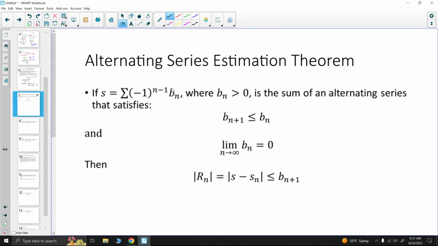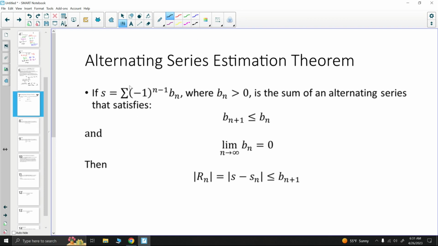This is officially where we define it by theory. Okay, if our infinite sum is an alternating series where b sub n here is greater than 0, again, that is one of the requirements of our alternating series test, and it satisfies these two conditions: b sub n plus 1 is less than or equal to b sub n, and the limit as n approaches infinity of b sub n is 0.